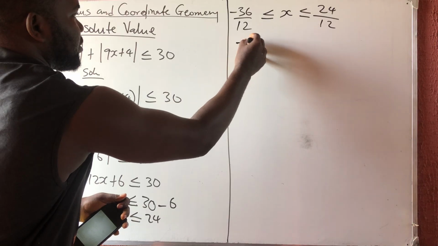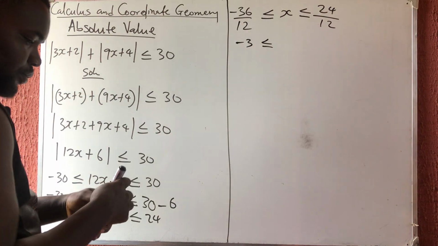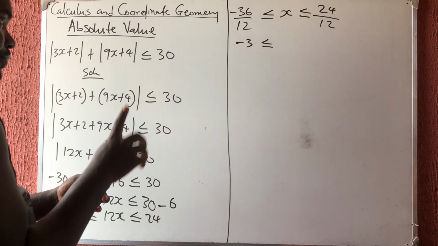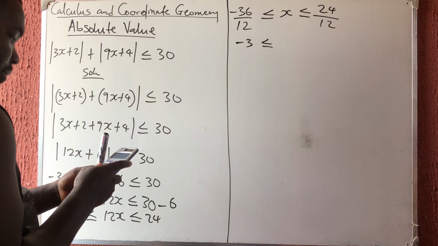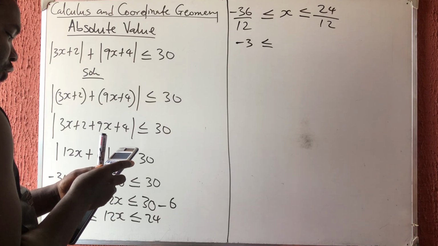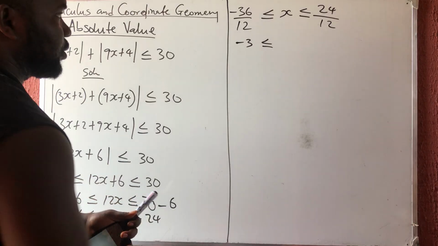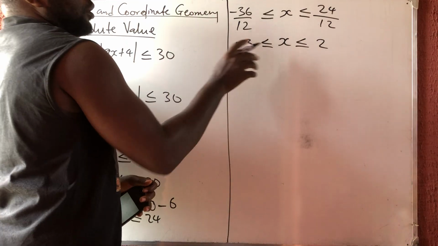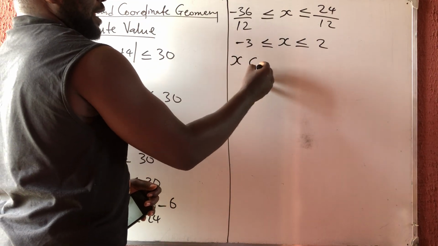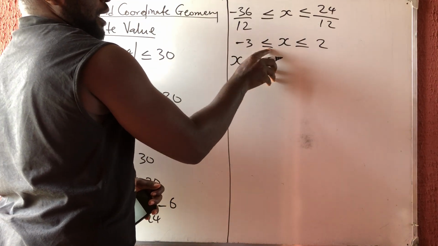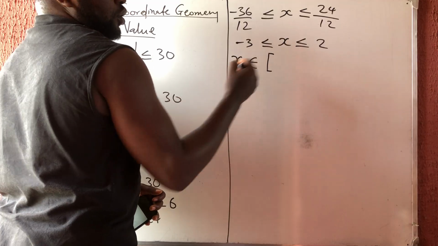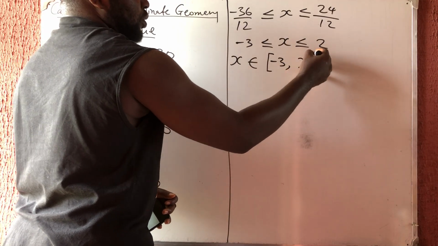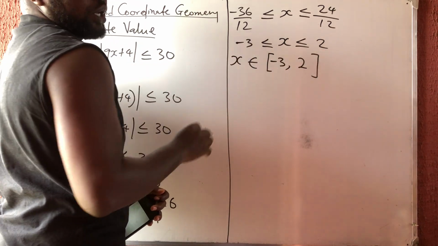So this is minus 3 is less than or equal to x, and 24 by 12 is 2, right? Okay, so less than or equal to x, which is less than or equal to 2. So this one is now that x is an element of, because this has equal to, it's going to be a closed bracket of minus 3 and 2, you close, because it has equal to as well.